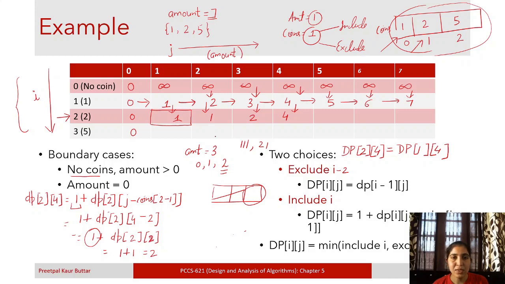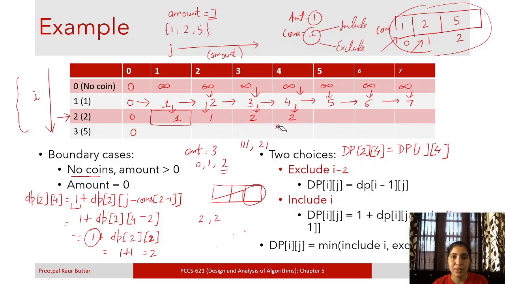What is the solution for this? It is DP 2, 2, that is you need one coin, right? It is coming from here. So in total you need 2 coins, two 2 rupee coins. Out of 4 and 2 you will pick 2 because it is smaller.